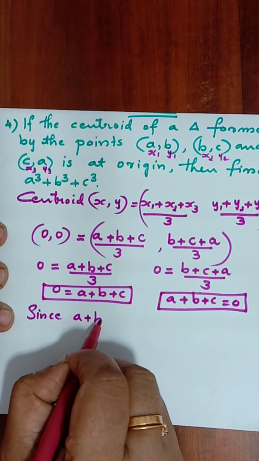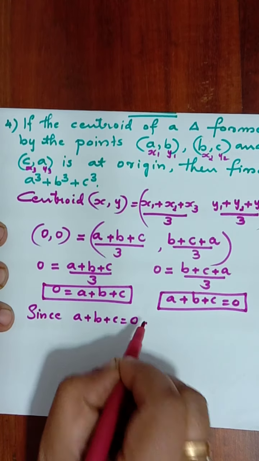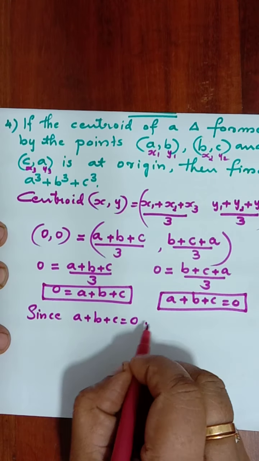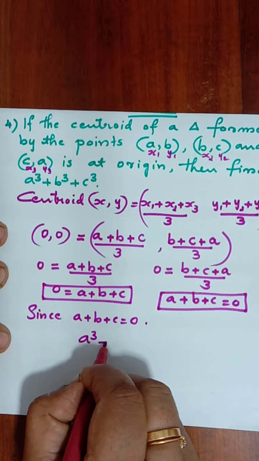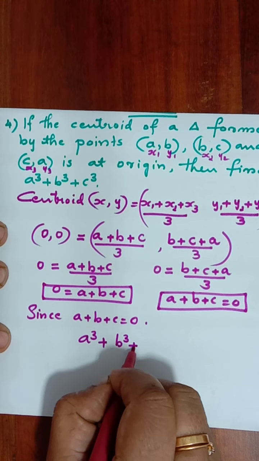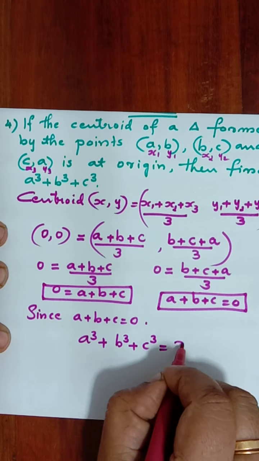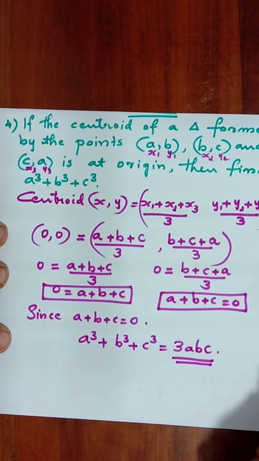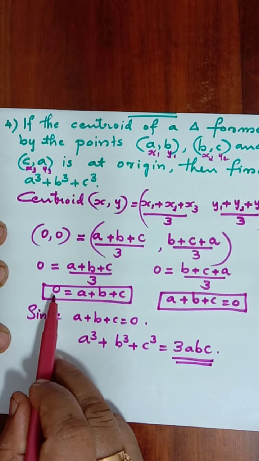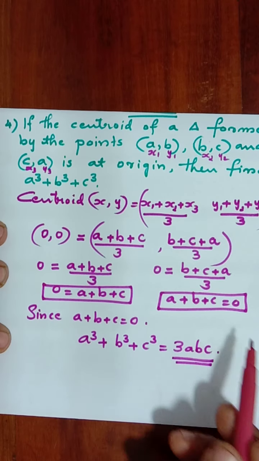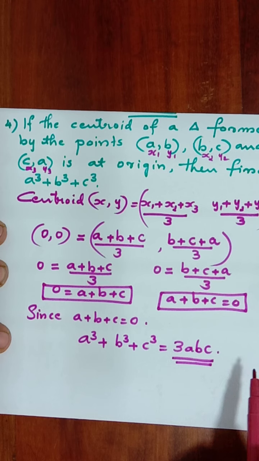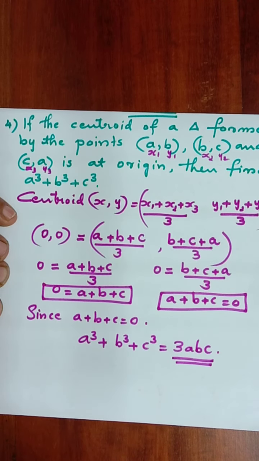Since A plus B plus C equal to 0, A cube plus B cube plus C cube equal to 3ABC. So we got our answer. Here we got A plus B plus C equal to 0 in both cases. If it is equal to 0, our A cube plus B cube plus C cube will be equal to 3ABC.